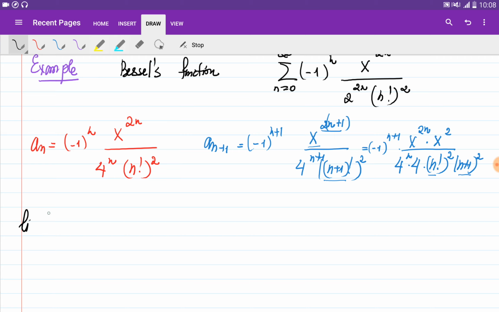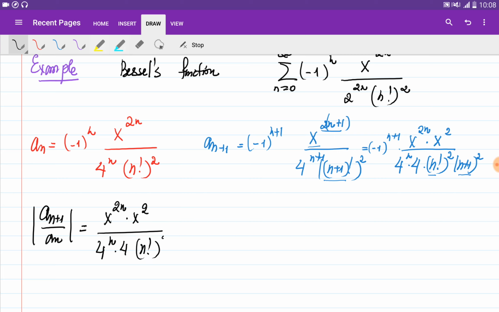So now, using the ratio test, we need to just divide a n plus 1 by a n. So let us divide first of all, then we will find the limit. a n plus 1 divided by a n in the modulus. When we divide them in the modulus, we can just skip the minus 1s in the powers, right? We can write this as x to the 2n multiplied by x squared, divided by 4 to the n multiplied by 4, multiplied by n factorial squared, multiplied by n plus 1 squared.